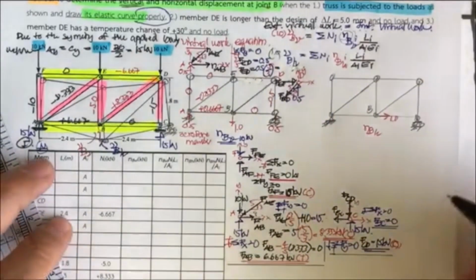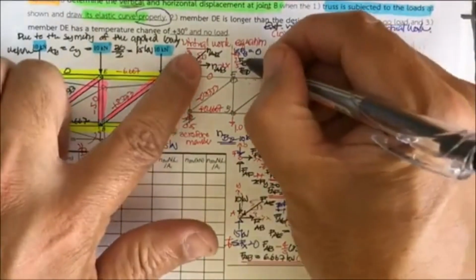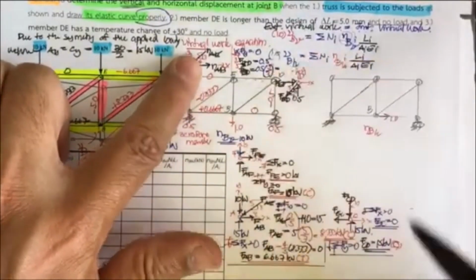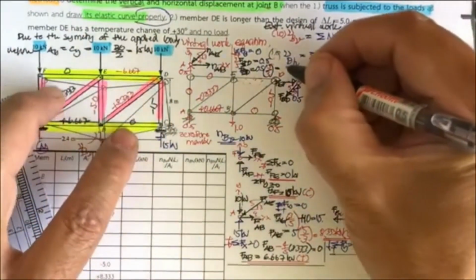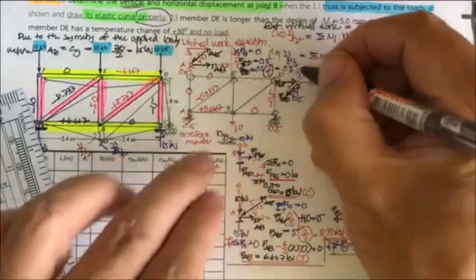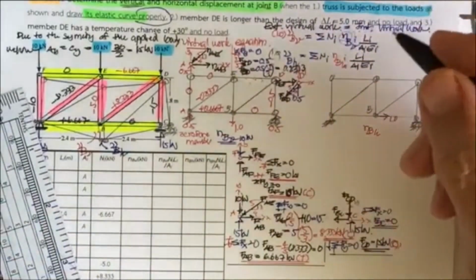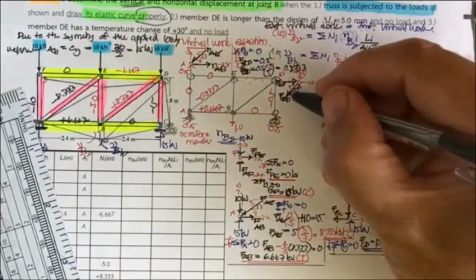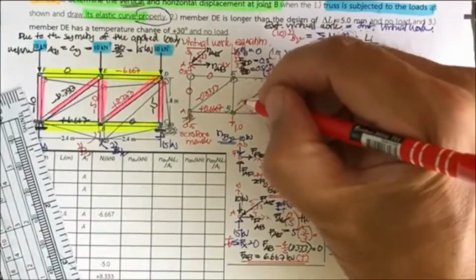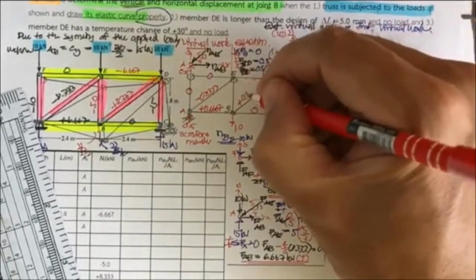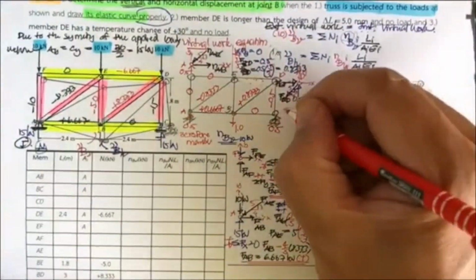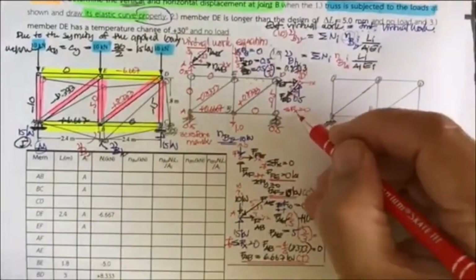So this is F sub BD, and this one is going to be 0.8333. This one we have in tension, so we put it as plus 0.8333.